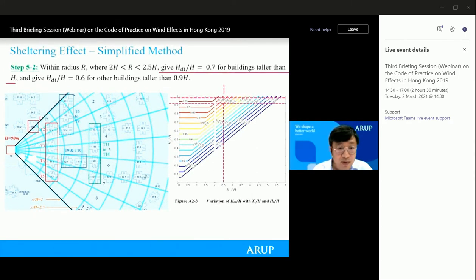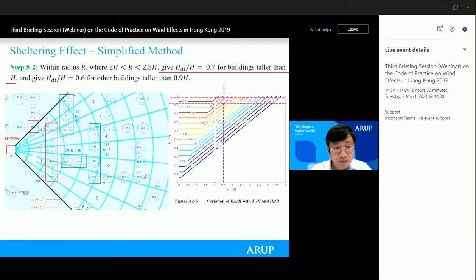The next one is for any building within the distance of 2 times H. So this is 2 times H, and this is 2.5 times H. Within this area, we give any obstructing building taller than 90 meters an HD over H of 0.7.